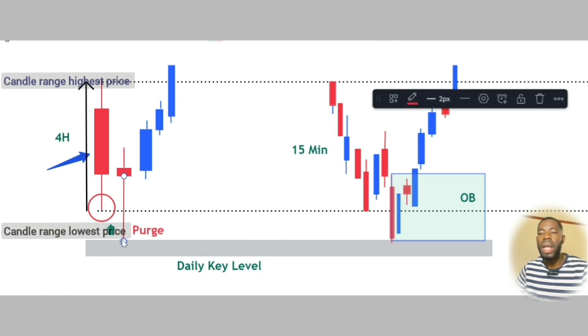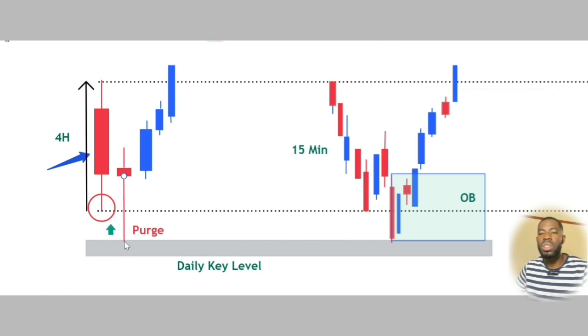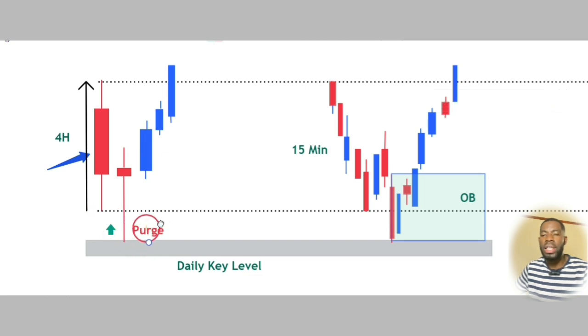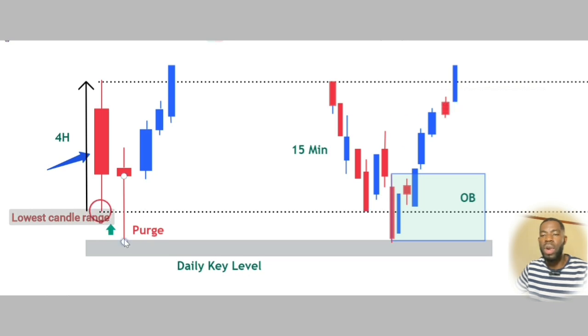And then you will see the next candle, or the third candle, maybe even the fourth candle, creating a purge, breaking below the lowest price here. This is the lowest price of the candle, but this next candle, as you can see, breaks below. That is what we call a purge. It's more like a liquidity grab below this first candle.